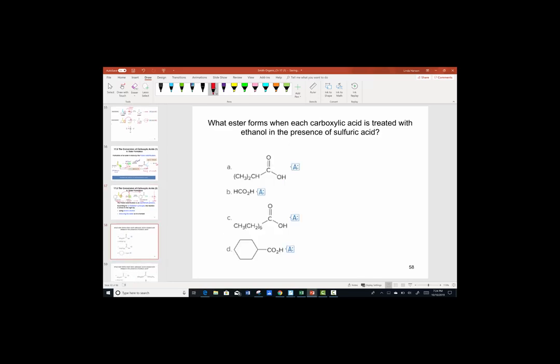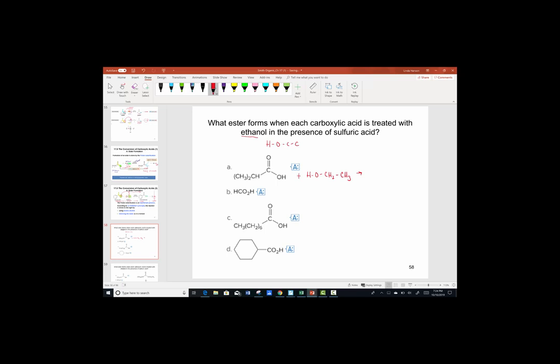Try some on your own. We're going to use ethanol in the presence of sulfuric acid. Ethanol is a 2-carbon chain, so the alcohol would have 2 carbons in its chain, CH3, CH2, OH. What will that make?